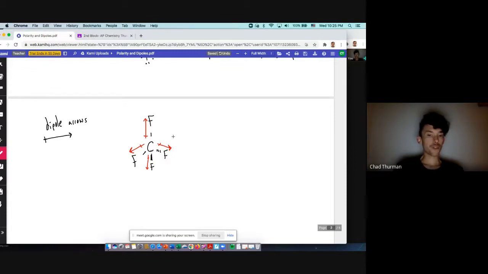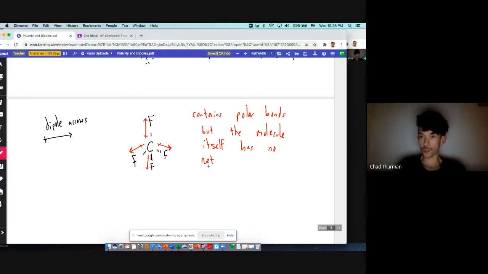So this is where this gets tricky. I would say that this compound contains polar bonds. Each bond here is polar because there is a difference in electronegativity between carbon and fluorine. But the molecule itself has no net, and that word net means total or overall, like what's left over.